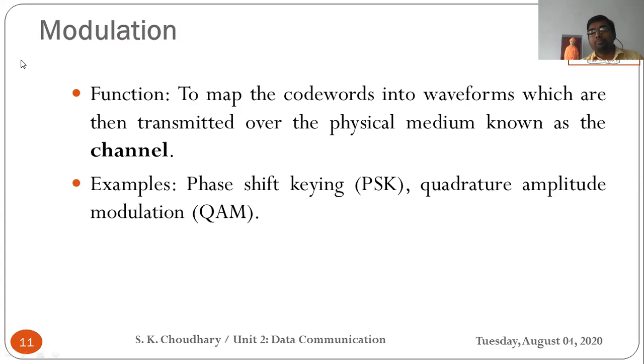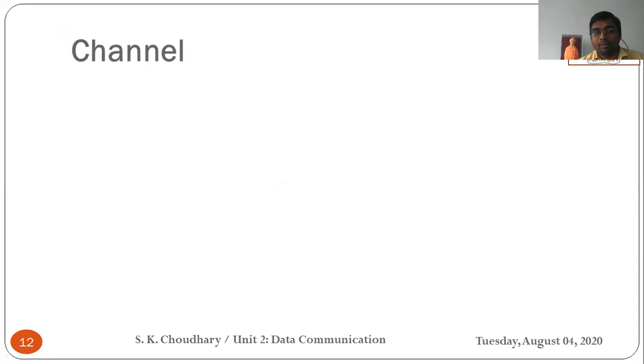Okay, so the examples are ASK, amplitude shift keying, FSK, frequency shift keying, PSK, phase shift keying, or QAM or QPSK, like this. Various techniques are available for digital modulation.